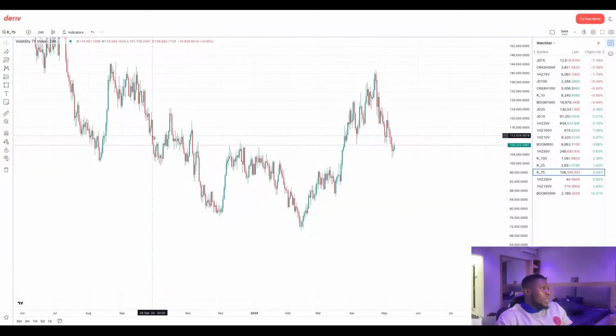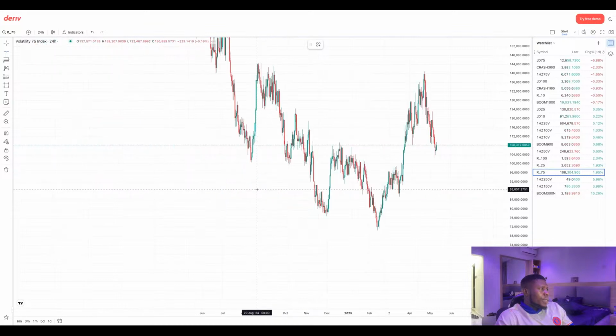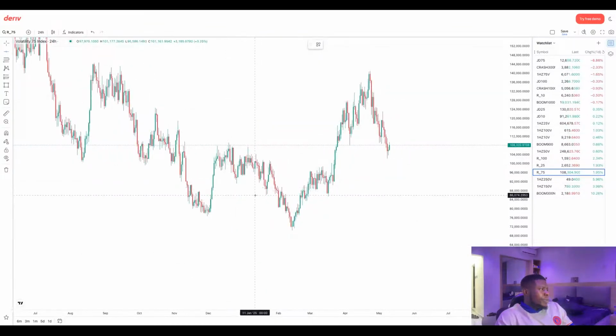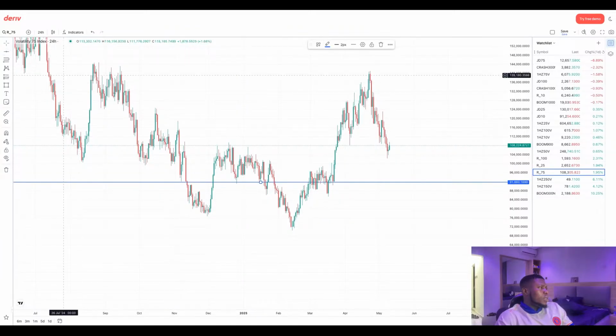Then check out my cycle on one day and see what's formed. I need a good swing on here. Trying to see which of my cycle. Okay, so I have this.